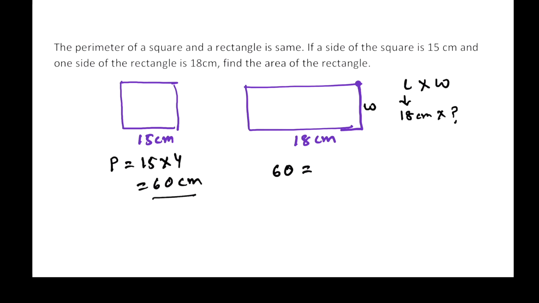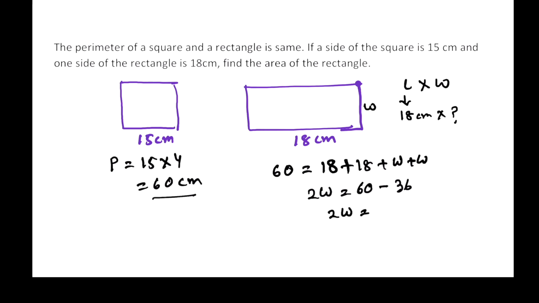So 60 equals 18 plus 18 plus width plus width. So 2 width is equal to 60 minus 18 plus 18, which is 36.